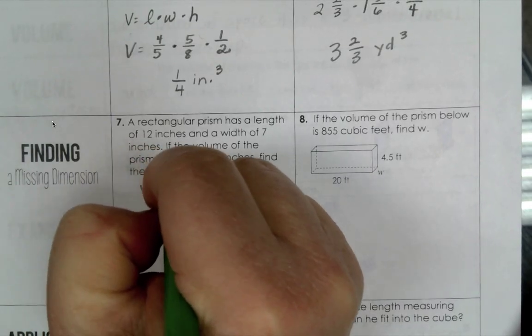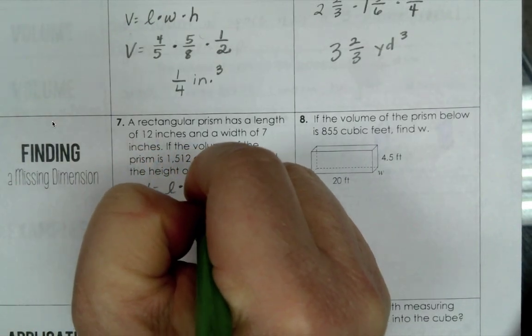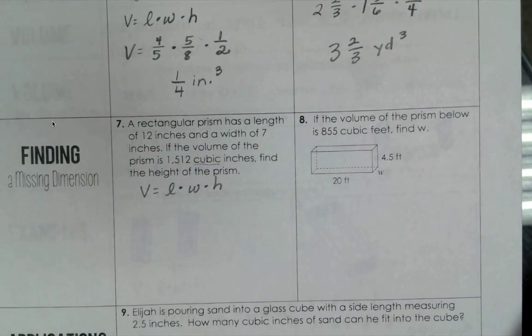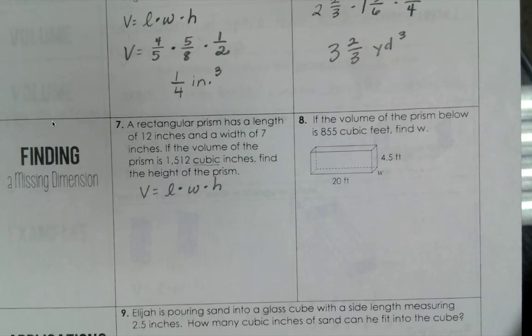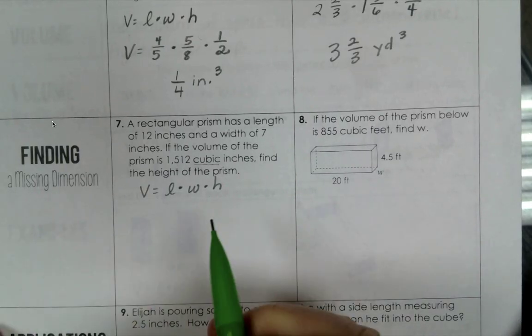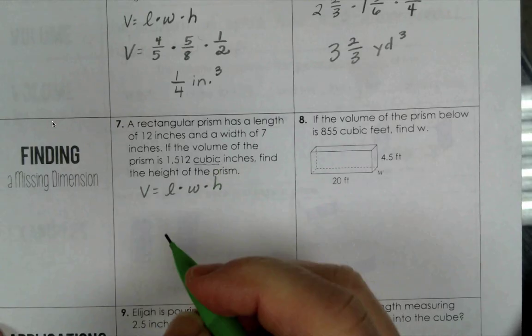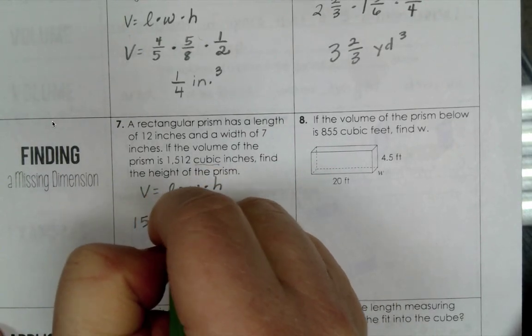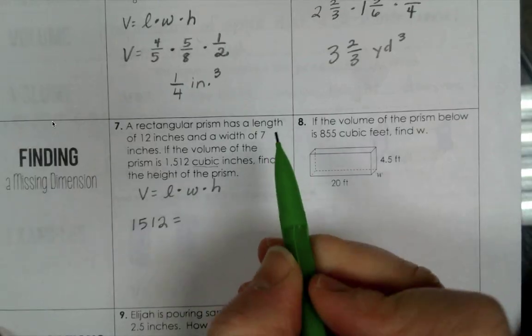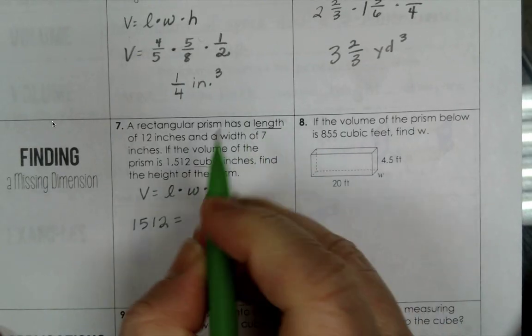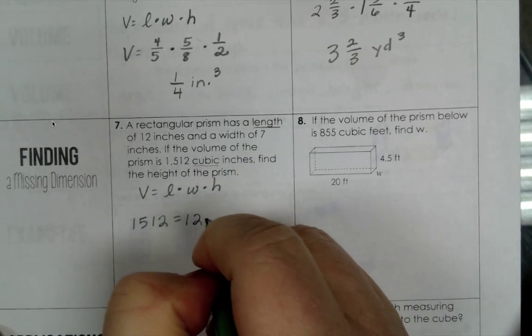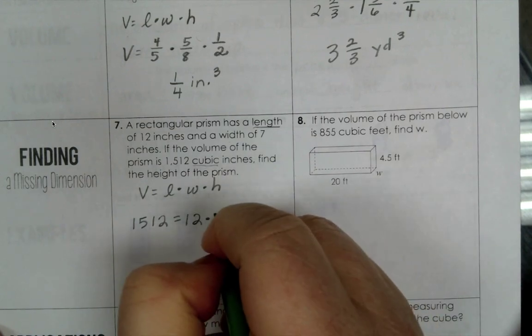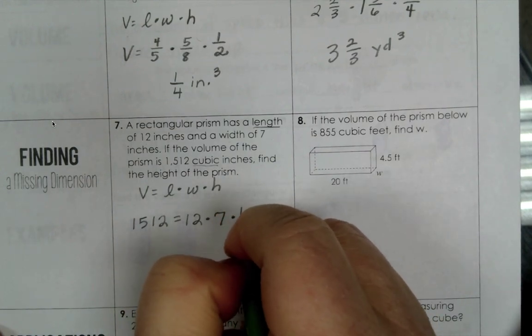Volume equals length times width times height. So we're going to write an equation with the data that we have. And we know that our volume is 1,512. So I'm going to say 1,512 equals, and they give me my length of 12, and they give me my width of 7, but they do not give me my height.